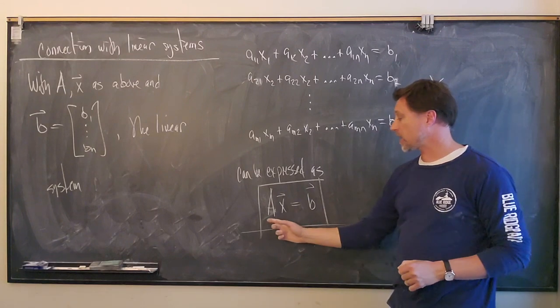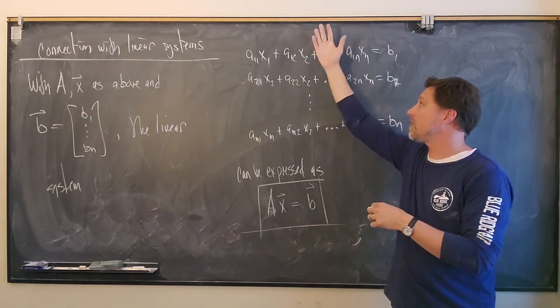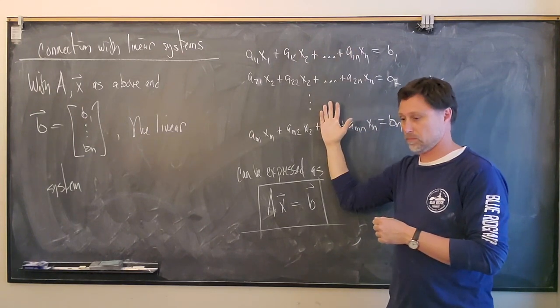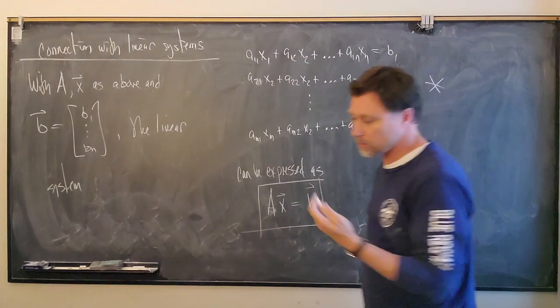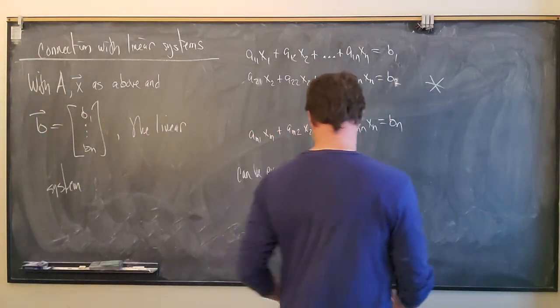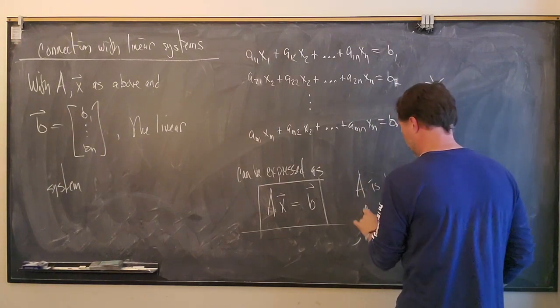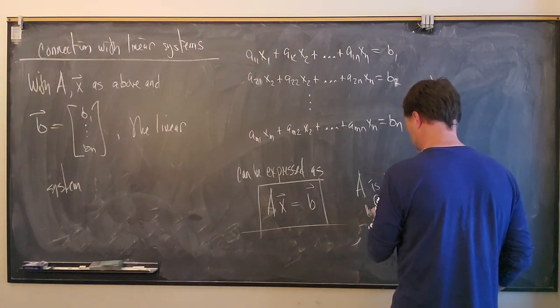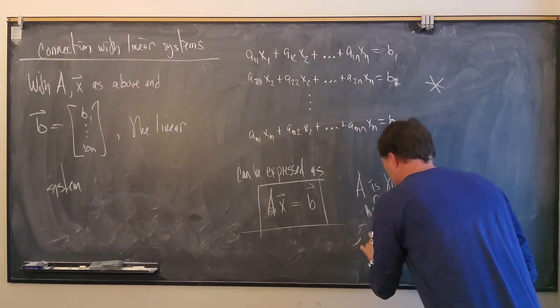It gives us a connection between linear systems and matrix multiplication, so we can write this linear system as a matrix equation like this. And that's a good thing. This right here, capital A, is the coefficient matrix.